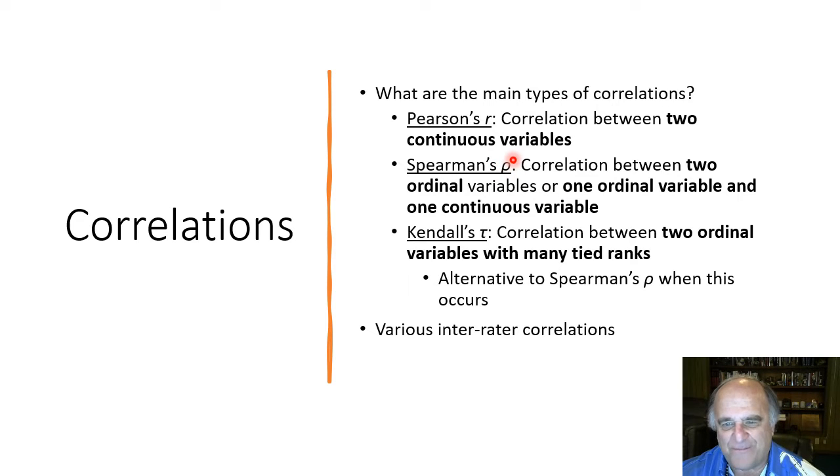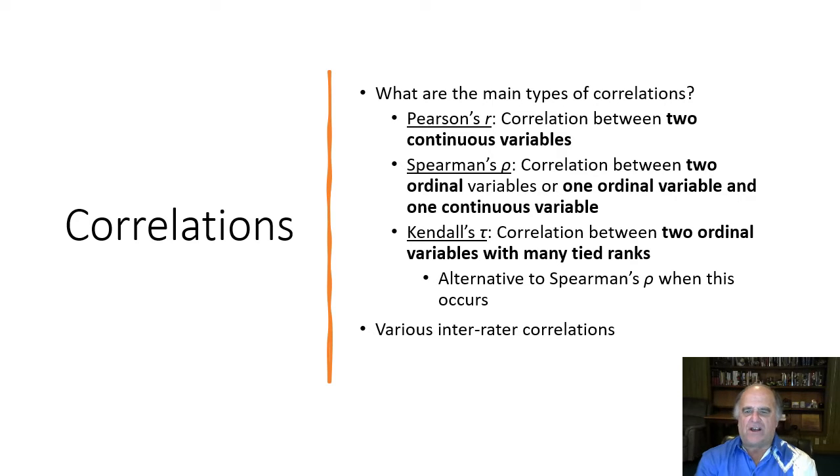I'm not the best at Greek symbols, but I believe that's a rho, which is the correlation between two ordinal variables, or one ordinal variable and one continuous variable. And Kendall's tau, which is the correlation between two ordinal variables with many tied ranks. That's an alternative to Spearman's rho when there are many tied ranks.